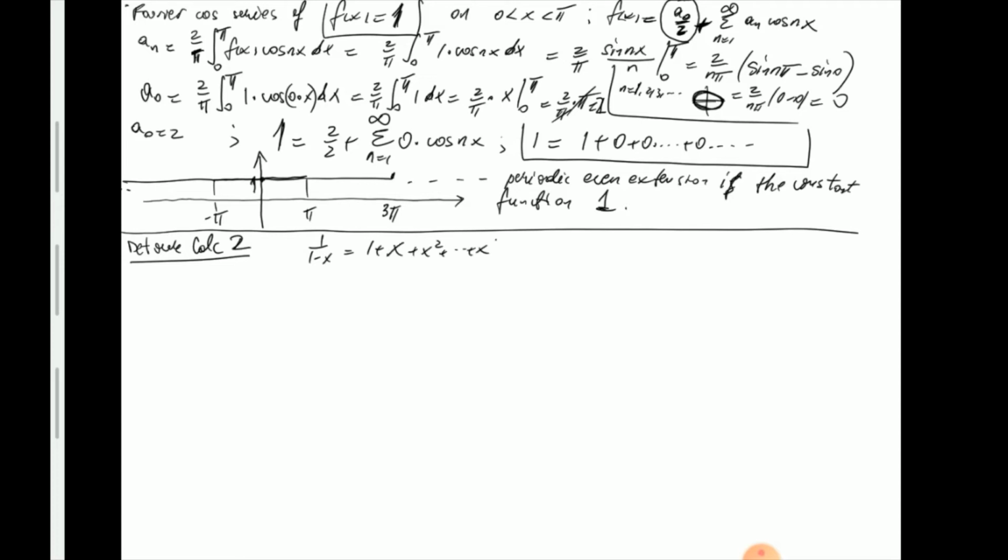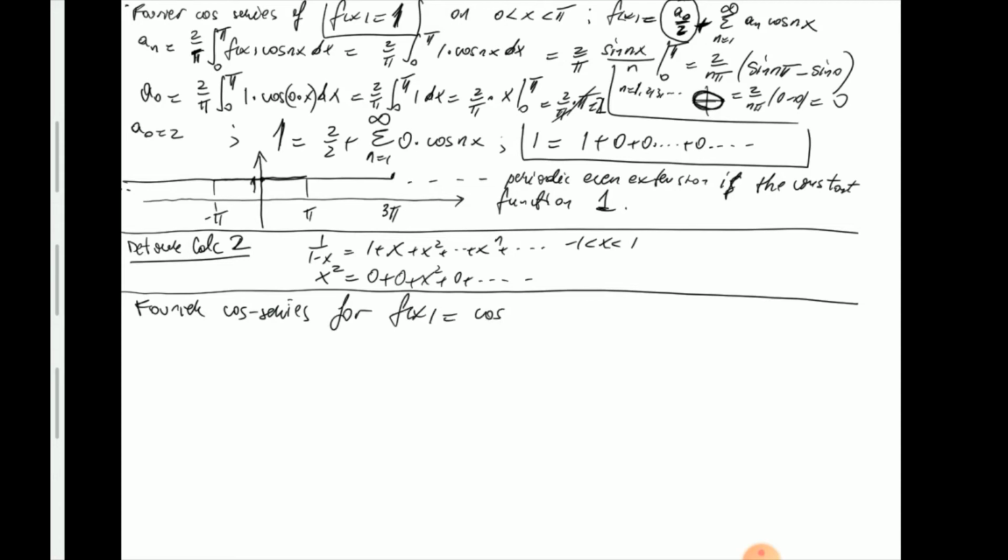So for example, 1 over 1 minus x is this infinite sum of powers. But then what could it be, for example, the power series for x squared? Well, it doesn't take much to realize that the power series for x squared is going to be basically 0 plus 0 plus x squared plus 0, right? All these coefficients 0 except the one that is x squared.